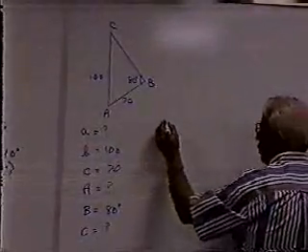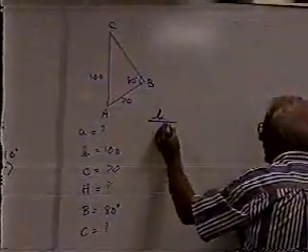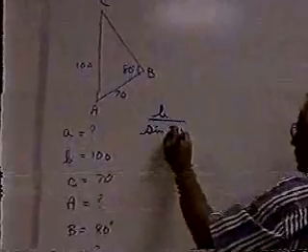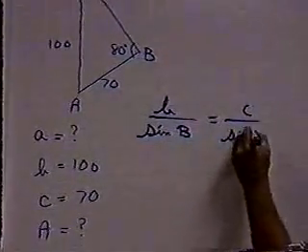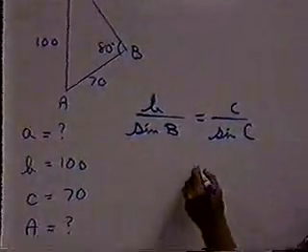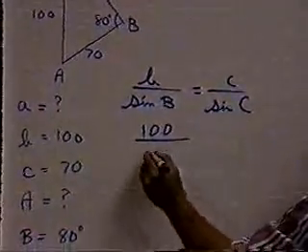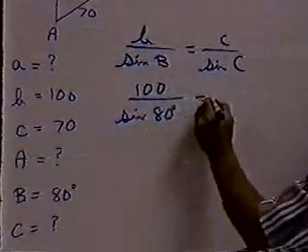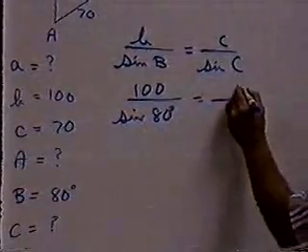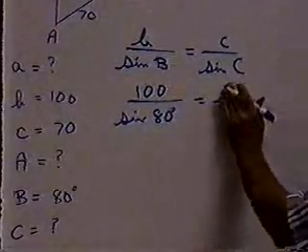So therefore we'll do B is to the sine of B as C is to the sine of angle C. So B is 100 to the sine of angle B, which is 80. And C, we don't know. No, excuse me.